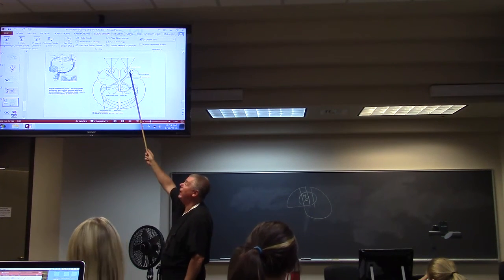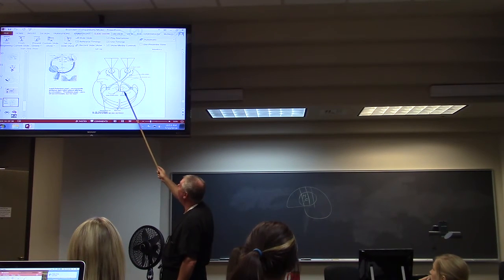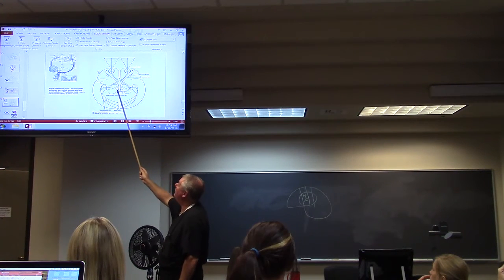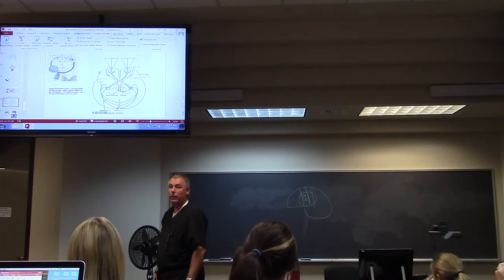It goes out, and I constrict that pupil. It's bilateral down here, so if I shine a light in this eye, actually both pupils will constrict.